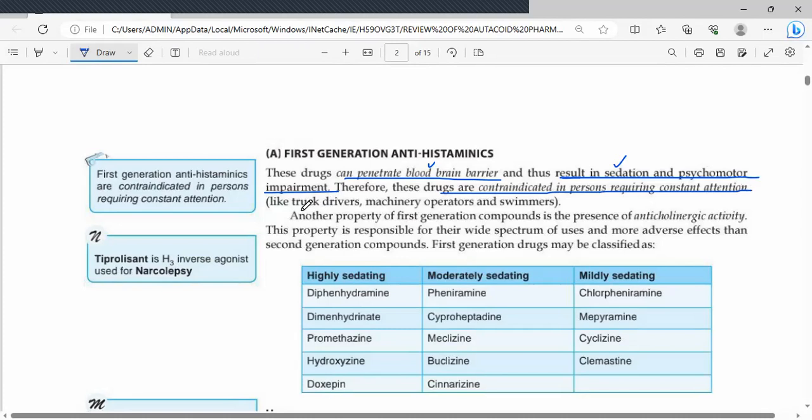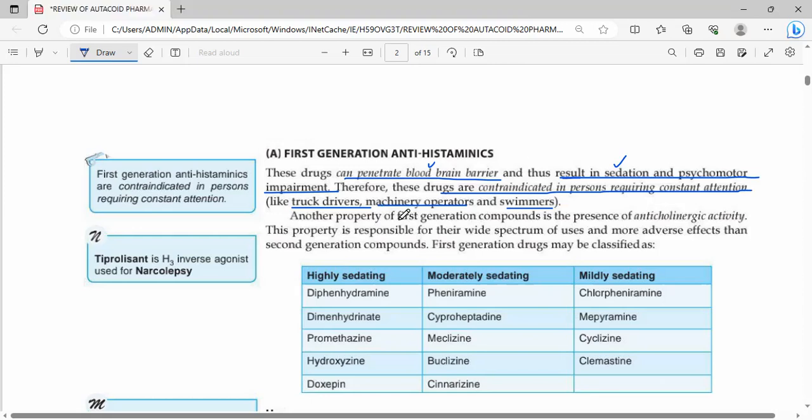So you cannot give these drugs to truck drivers. You don't want them to cause accidents. You can't give them to machinery operators. You don't want them to injure themselves. And also swimmers. Imagine giving a swimmer a drug which is inducing sedation, and he or she goes to swim, they will drown. So avoid in those category. So they will induce sedation.